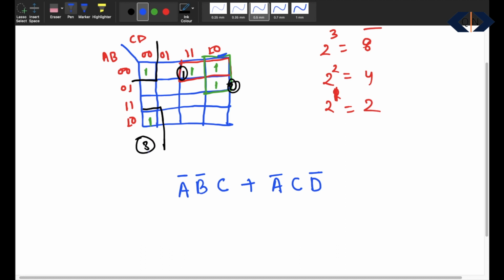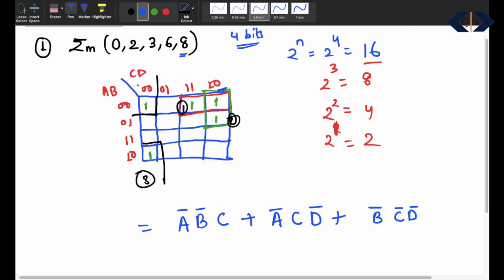Now let's look at the third group, in which 0 is constant. So C bar D bar is constant, and here A is changing but B is constant. B is constant but 0, so it will be B bar. So this is the simplified form for our equation.